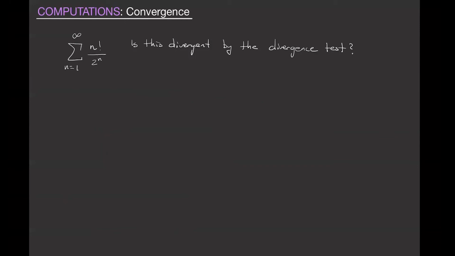If we just look at the first few, and by few, I'm not sure how many exactly, but I think the pattern will reveal itself at some point. If we take n equal to 1, that's 1 factorial over 2 to the 1, which is 1 over 2.